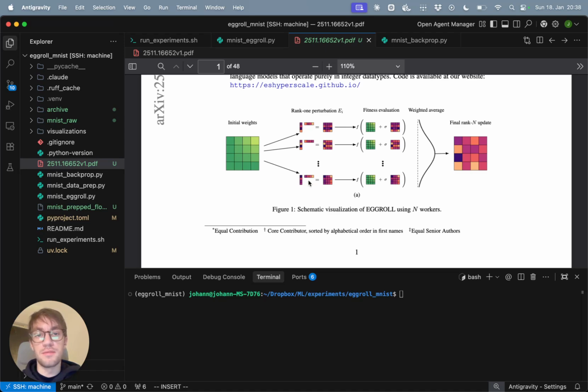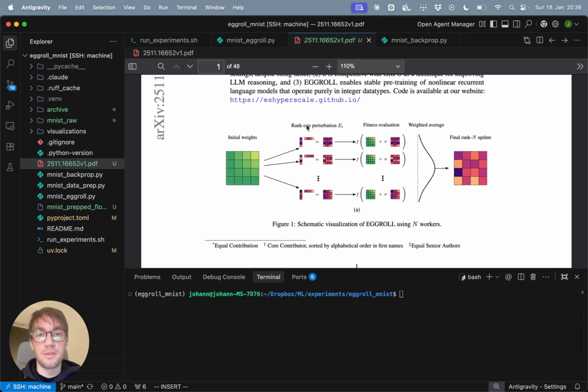But they still achieve full-rank updates when the population is sufficiently big. They also introduced some neat computational tricks to never actually materialize the full-shaped version, the outer product of the vectors, but to only work with these vectors in the whole algorithm.